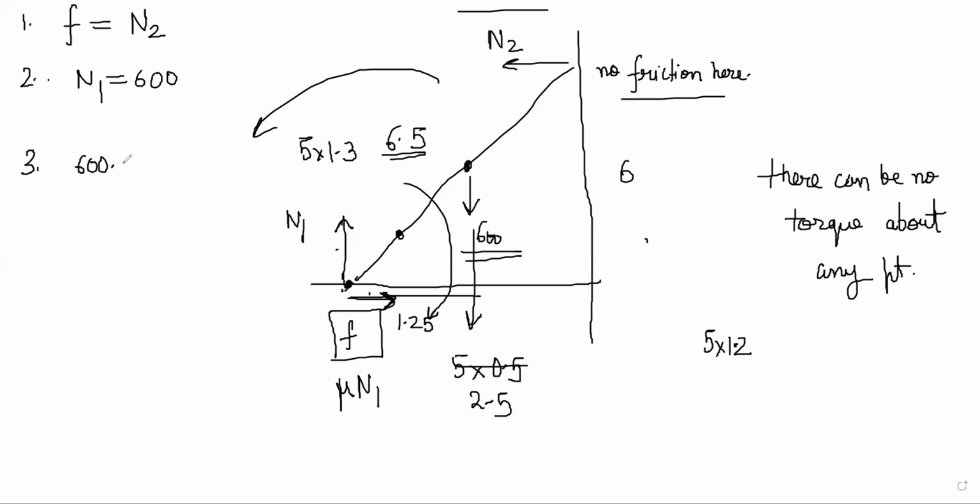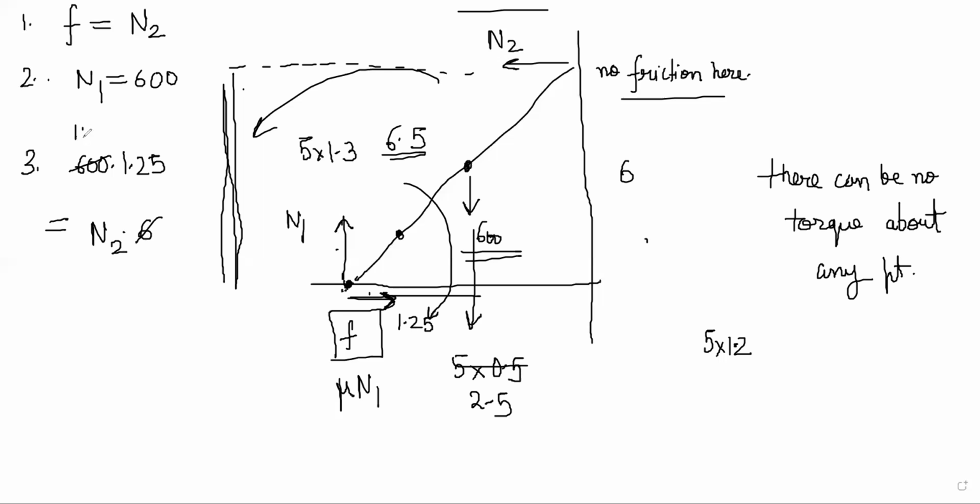So 600 into 1.25 is my torque like this, and should be equal to the torque due to N2. Torque due to N2 will be due to this height, because force is like this and it will be at this much height. So it should be equal to N2 into 6. So 125 is coming as N2.